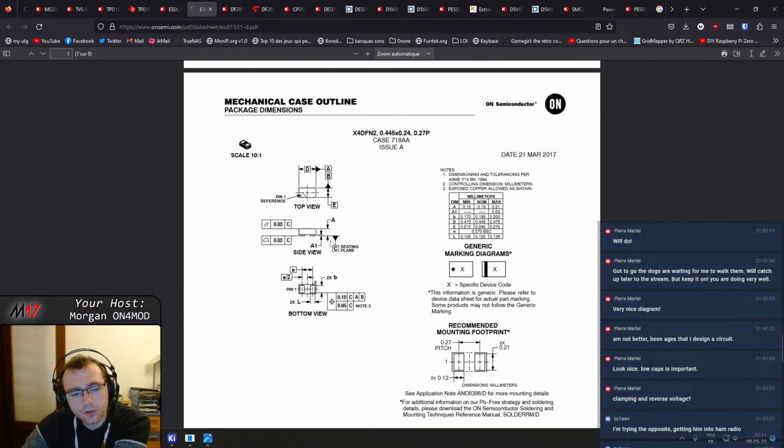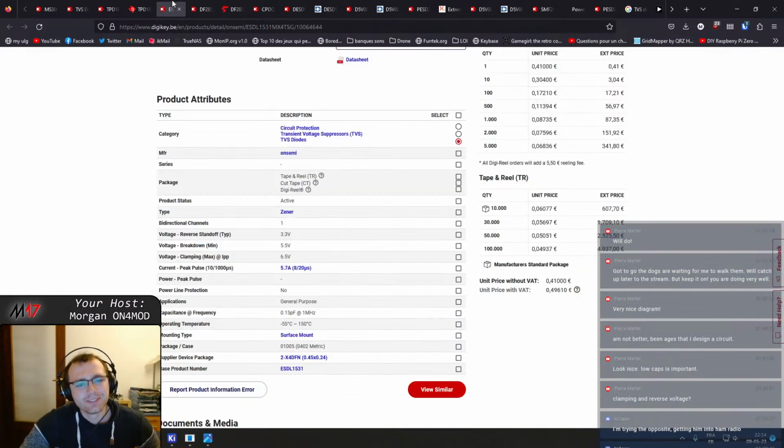It's impressive how small you can make them though. Yeah, okay, so it's 0.5 millimeters long by 0.24 millimeters wide. This is just too small.